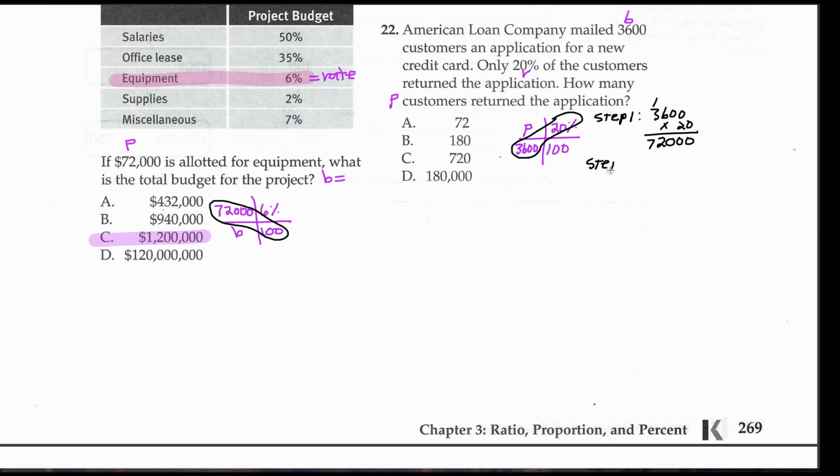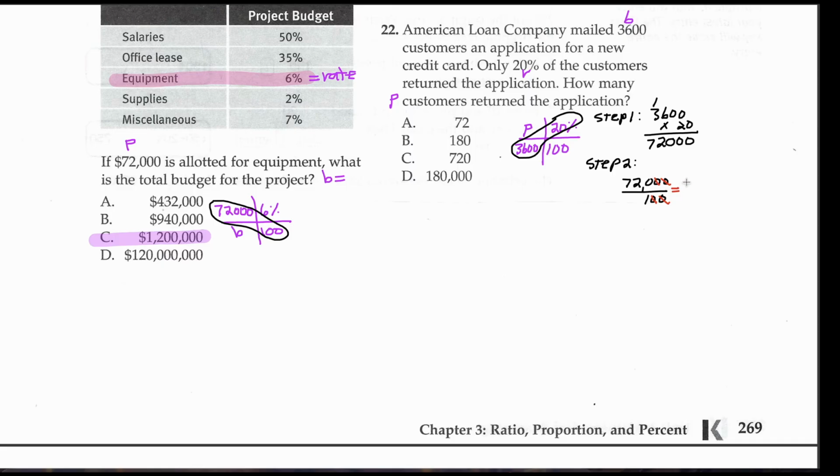Step 2. Divide 72,000 here by 100. If I divide 72,000 by 100, I will need to cancel this 0 with that 0, this 0 with that 0.